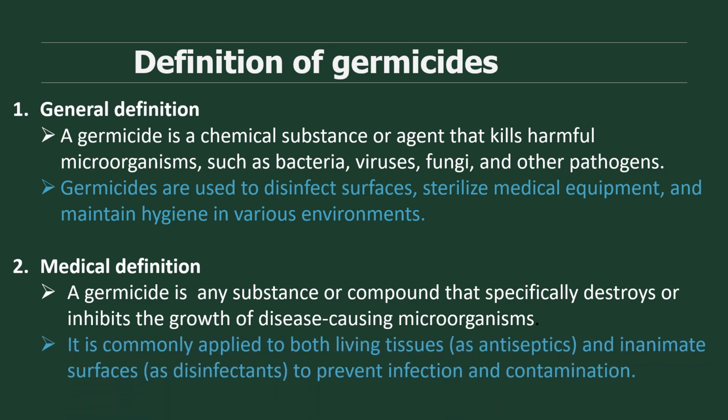A germicide can be applied on living tissues, and those germicides are referred to as antiseptics. You can use germicides on non-living objects or inanimate surfaces, and those are referred to as disinfectants. The aim is to prevent infection and also contamination.